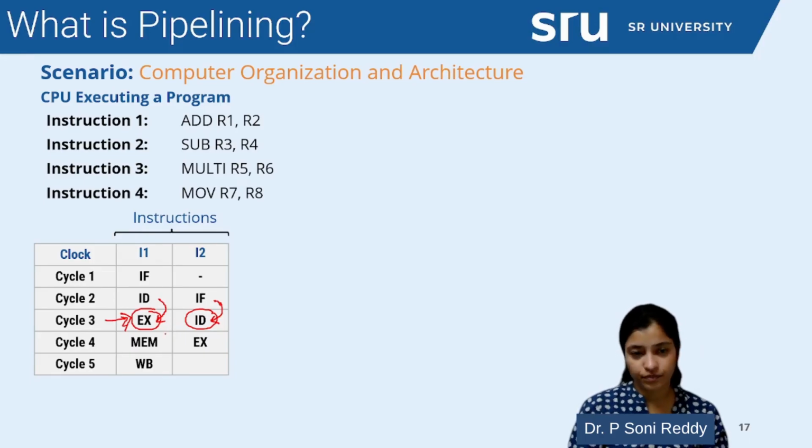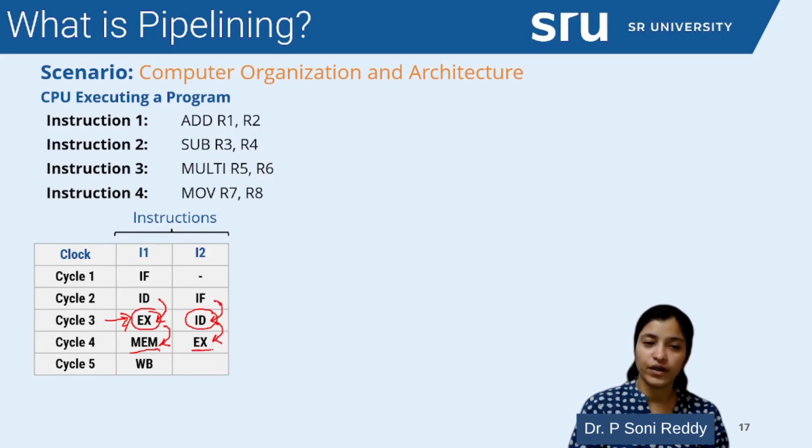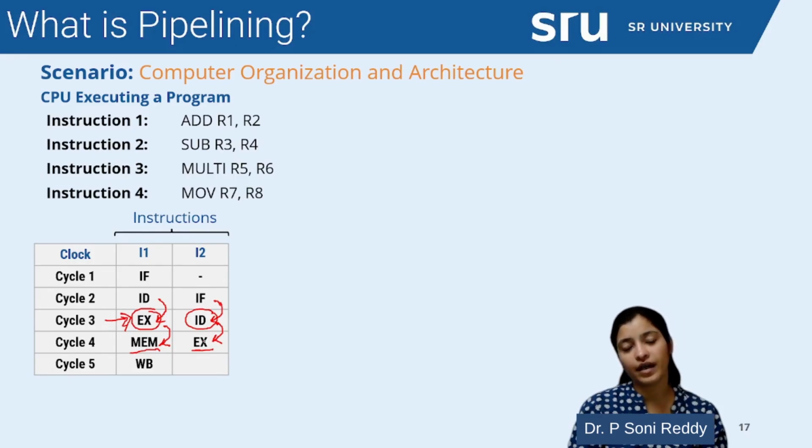Clear? Okay. So in the next clock cycle, when execute is completed for instruction 1, it is moving to the memory stage of instruction 1. And for the second instruction, as soon as it completes decode, it is going to the execute stage. Now this is related to the data cache and this is related to the ALU. Again, separate hardware, so there is no overlap between the hardware. So the tasks can be overlapped in this clock cycle.